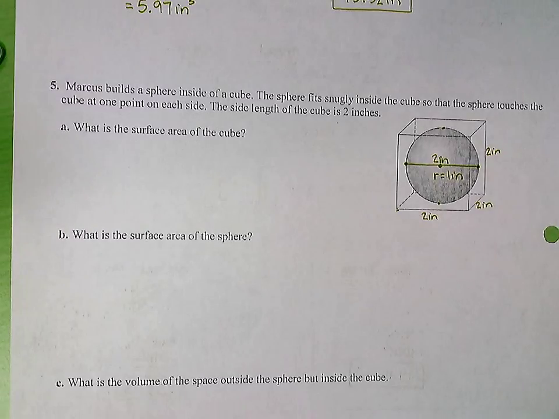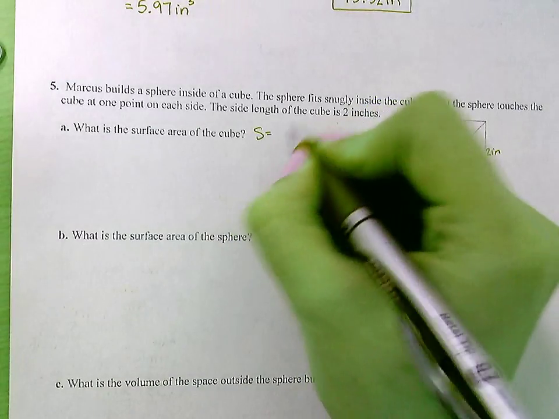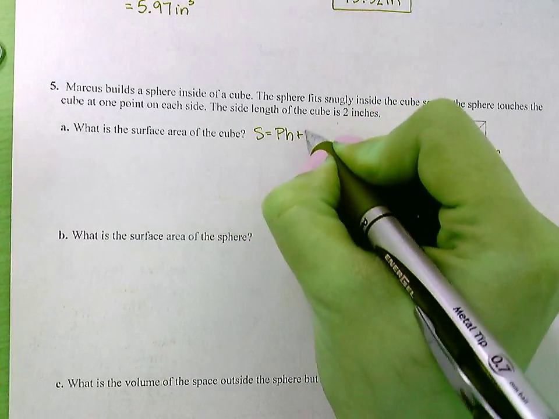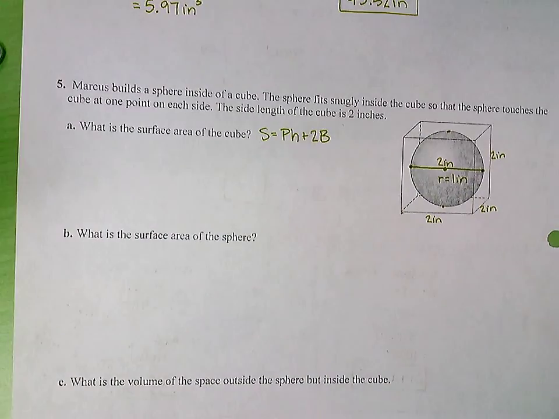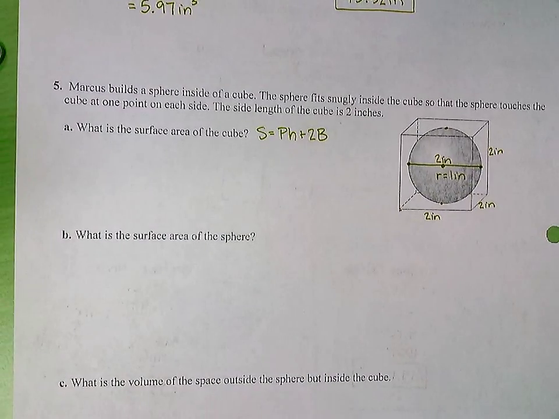In the next 3 problems, you have to find surface area of different things, and then the last one, you have to find volume. In letter A, you have to find the surface area of the cube. Surface area of a cube, again, is P times H plus 2B. That's the formula we were using before.